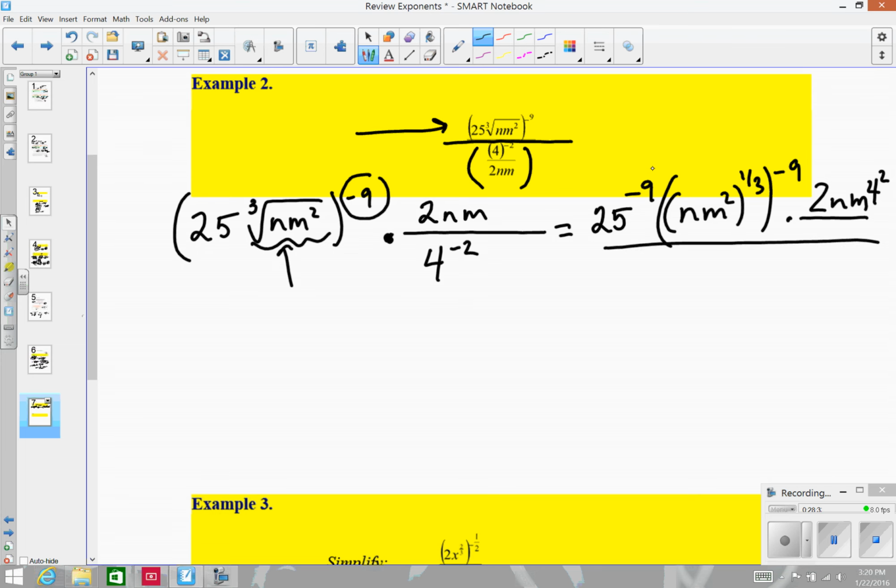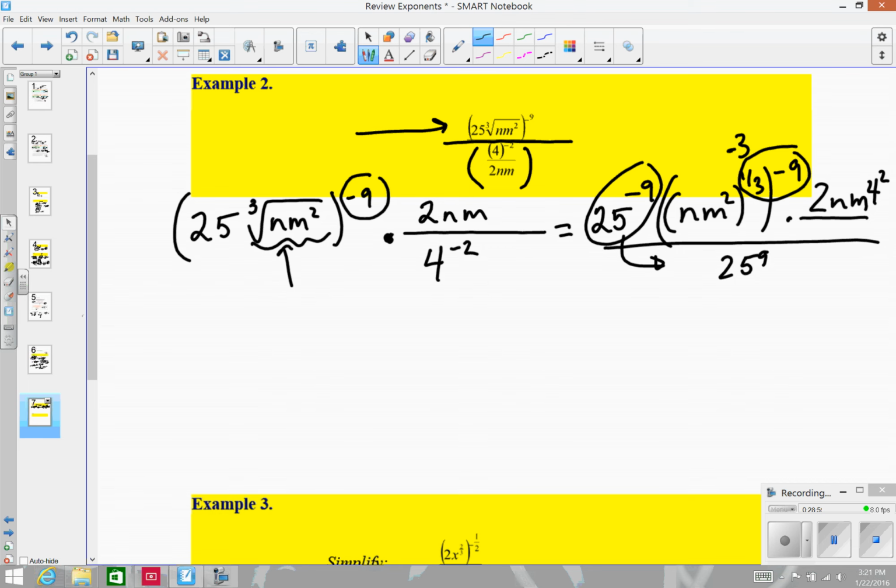This 25 to the negative ninth power, I'm going to bring it down to my denominator and make it a positive ninth power. And then in my parentheses here, I'm going to multiply these two exponents. 9 over 3 is going to be to the third power, but that's still negative. I'm going to bring that all down into the denominator as well.